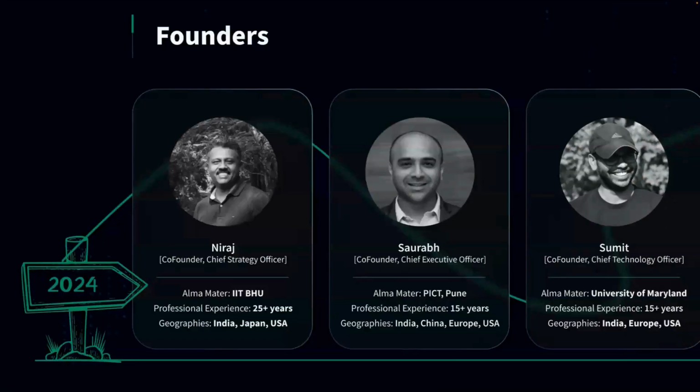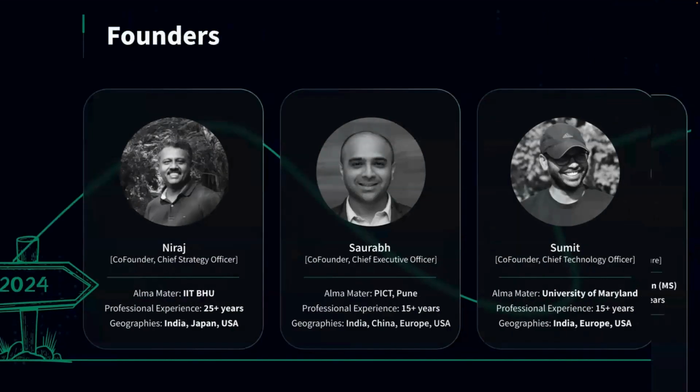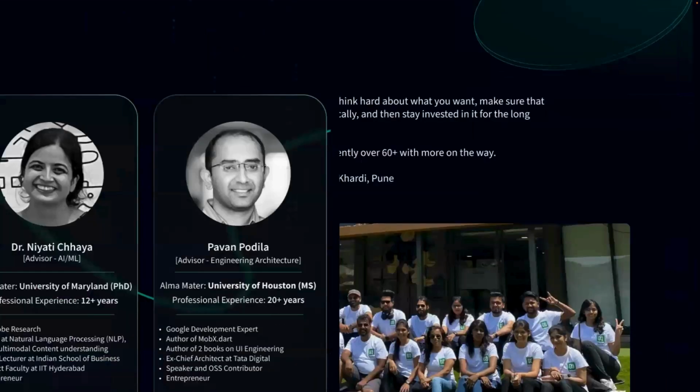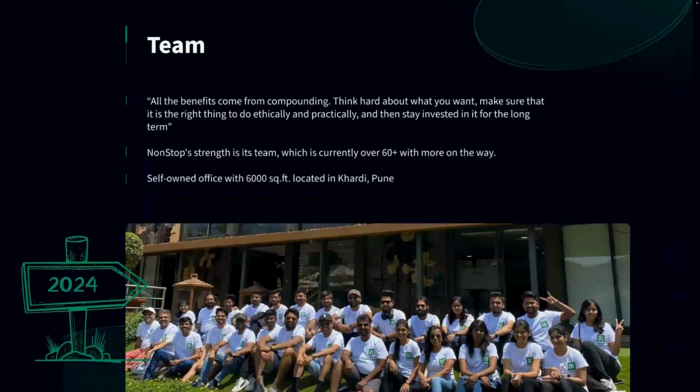So in 2024, after all these struggles, we have our three main founders, Neeraj, Saurabh, and Sumit. On the board of advisors, we have Joe, Dr. Niyati, and Pawan. And as of now, we are 60 plus team members. That has been the entire journey of NonStop from 2015 to 2024.